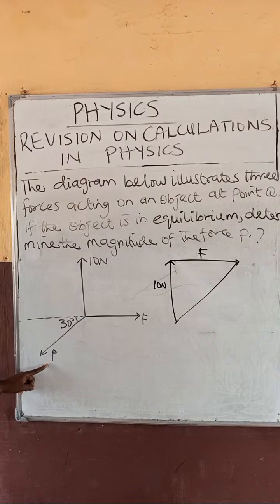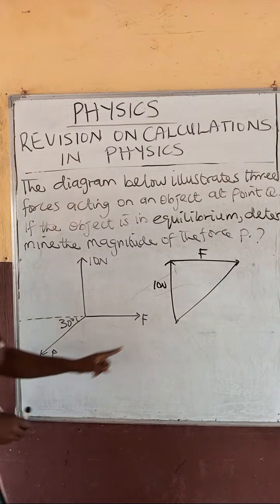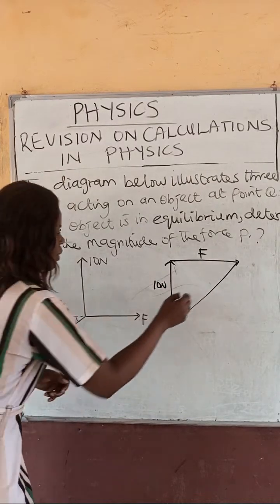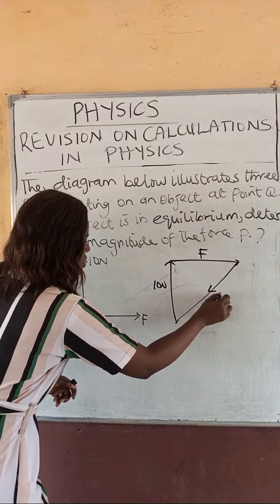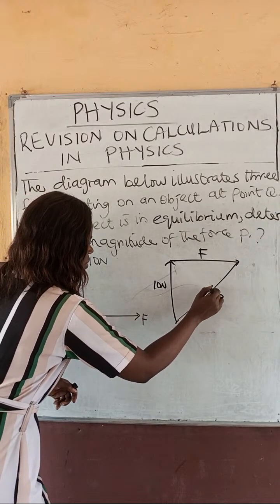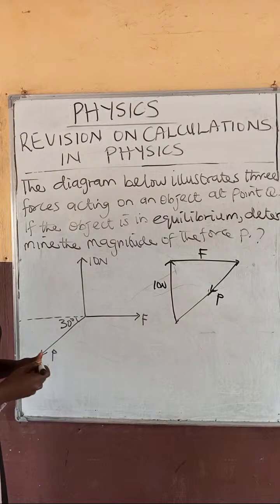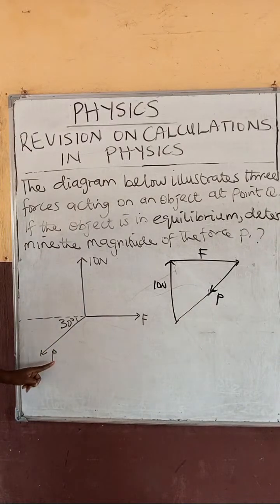How do we get this? We are looking at the direction. The direction of this force is going this way, so we are going to follow it this way. So this is my P. Now there's something you must know. This force P made an angle of 30 degrees with the vertical. Do you see it?